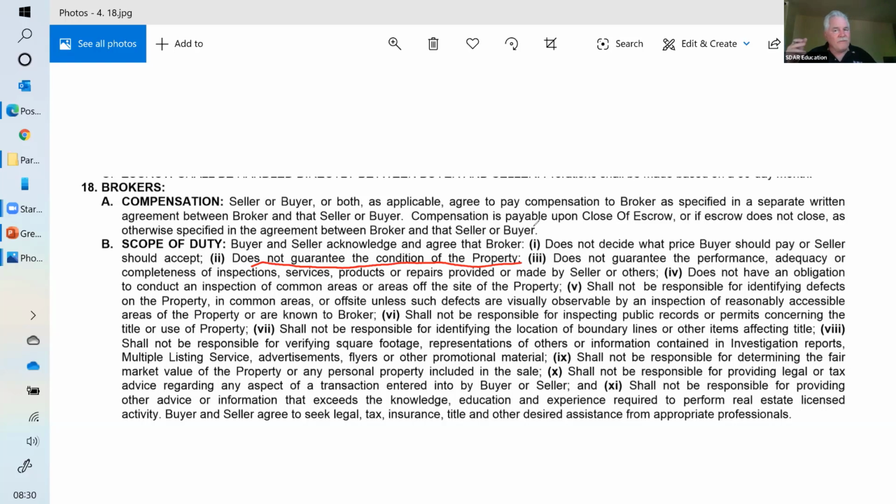Okay, but if they agree to fix it, remember my repairs, if they agree to fix it, then they've changed the contract between the parties, because there's no obligation at law to do any repairs. But once the seller assumes that obligation by agreeing to a request for repairs, now they've created essentially an addendum to the contract that says, okay, all right, I agree to do these things if you agree to move forward. That's what that all does.